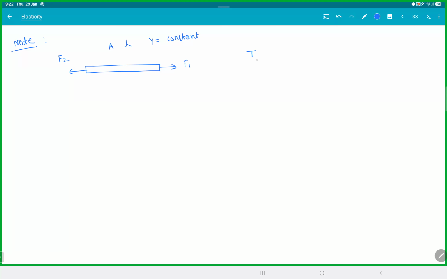We can find something called average tension, which is F1 plus F2 by 2. And we can get elongation, which is simply average tension times L by AY. You get this kind of questions in Mains.